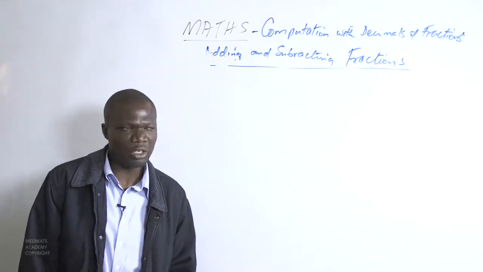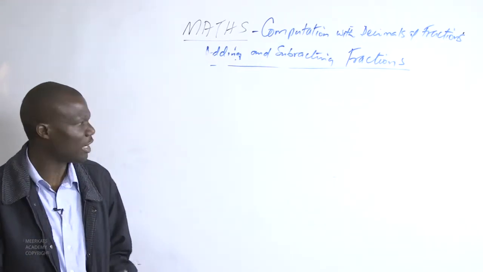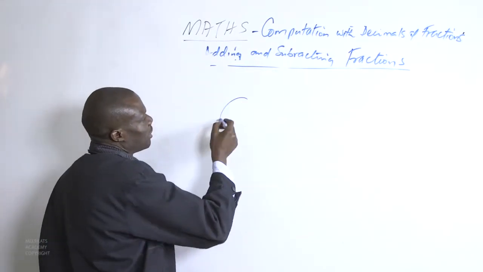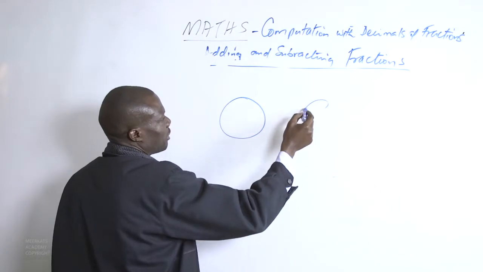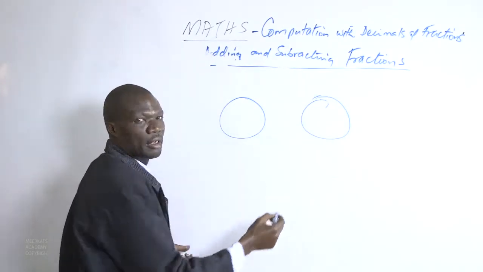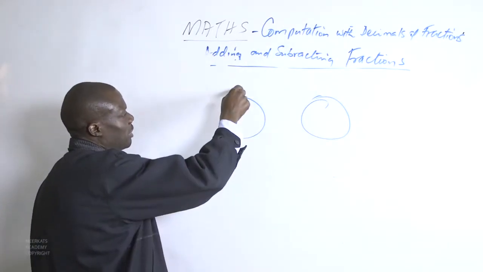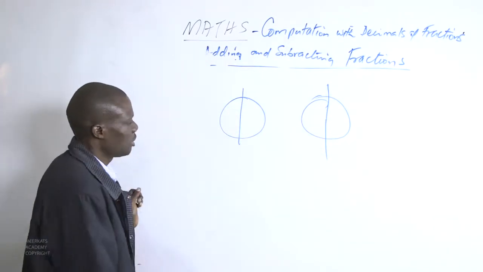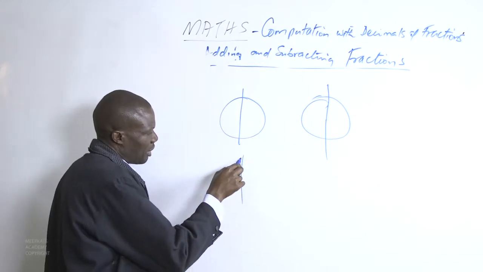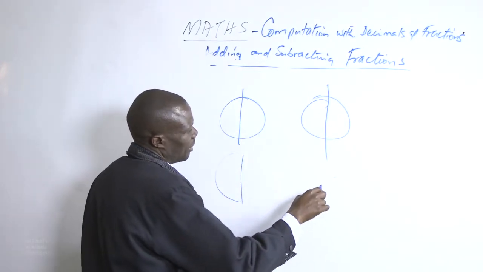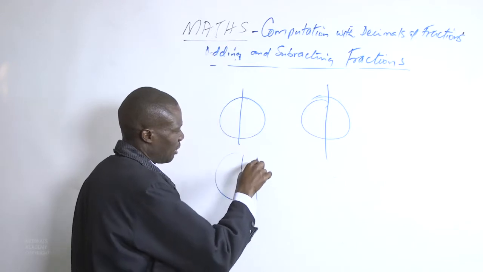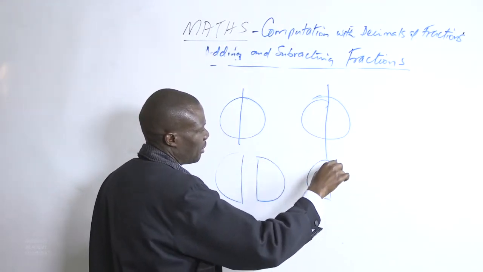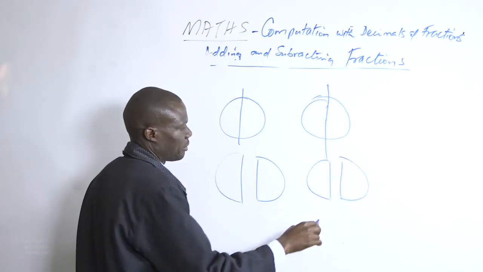So, as a preview, take for example a simple fraction. If you have a fruit, and then we cut it into two halves, this one will have a half like this, and then another half like this, then another half here, another half there.